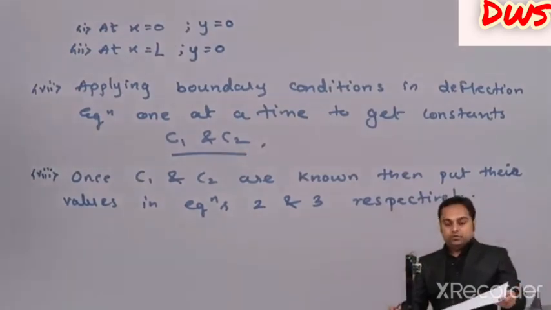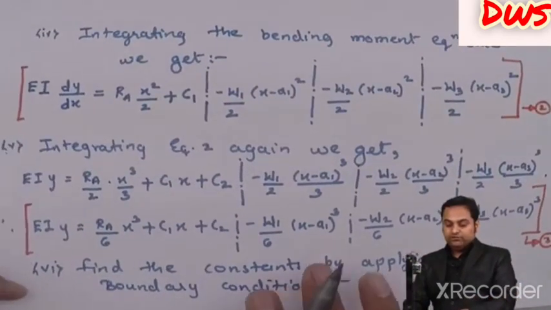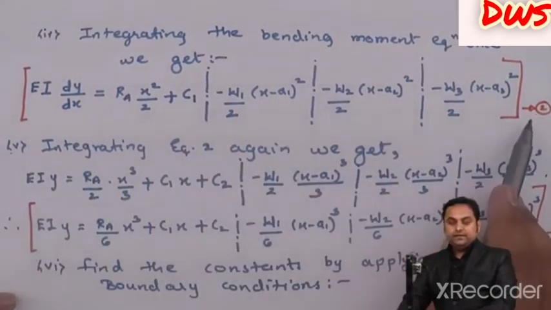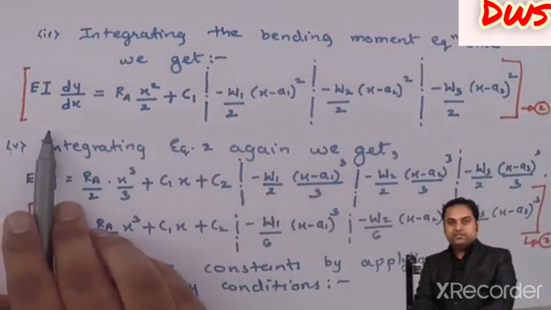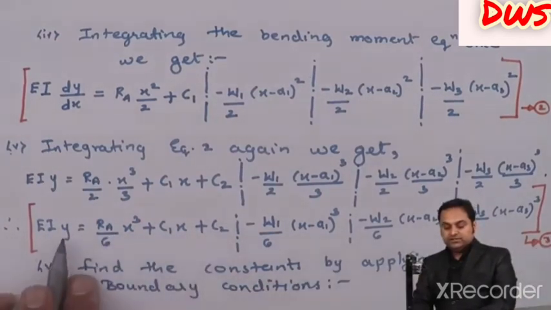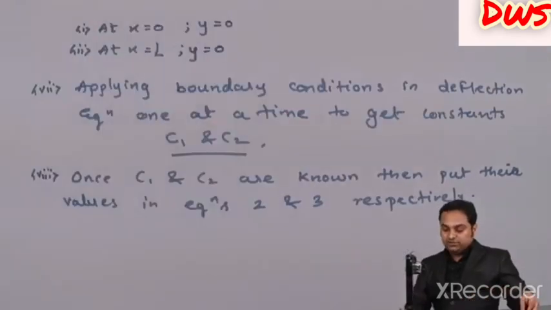That is, once we know the C1 and C2 values, first we put the C1 value in equation number 2, and that will give us the slope equation. Then the C1 and C2 values we put in equation 3, that gives us y, the deflection equation.